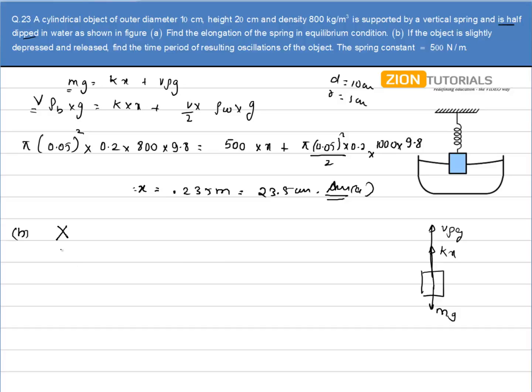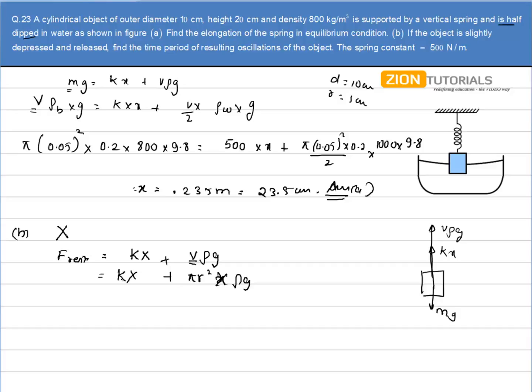The magnitude of the restoring force will be equal to Kx, because this is the additional spring force that is applied to bring the block back to its equilibrium position. Plus V rho g, and the volume will be just pi r square X, capital X, rho g, because this is the extra restoring buoyant force that will act to keep the block in the equilibrium position.